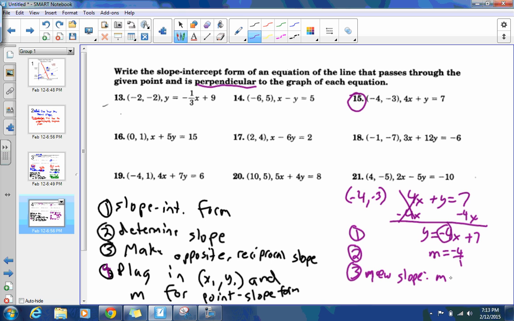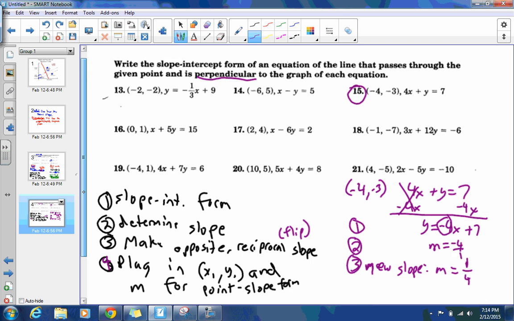It's going to be positive, and it's going to be the reciprocal, which means flipping it. So reciprocal means to flip. So it's going to be the 1 on the top and the 4 on the bottom. And the opposite means that if it's negative, we're going to make it positive. So there we go, that's the new slope.